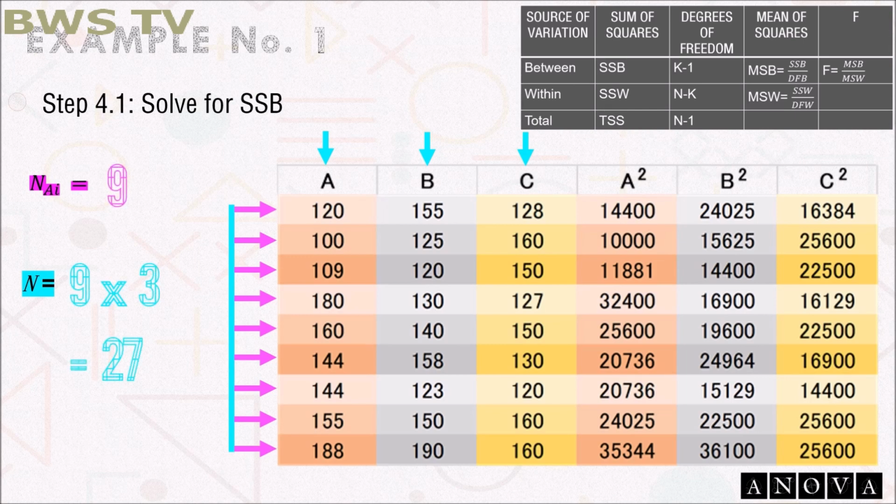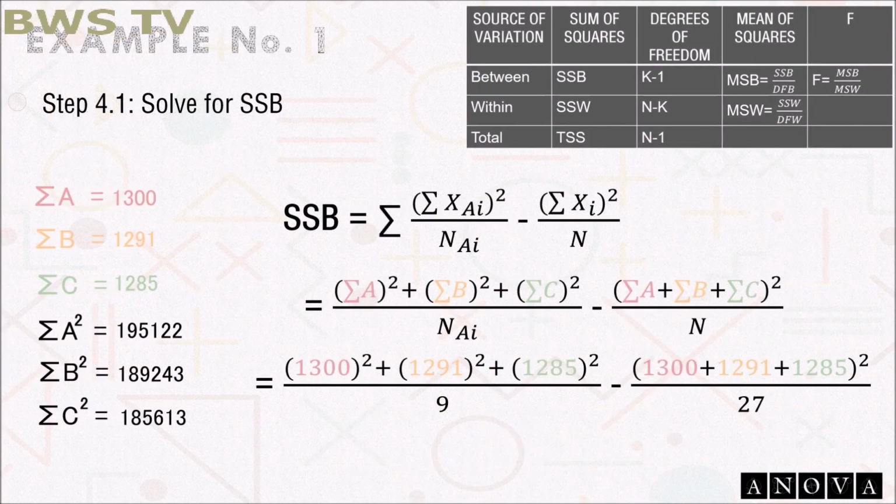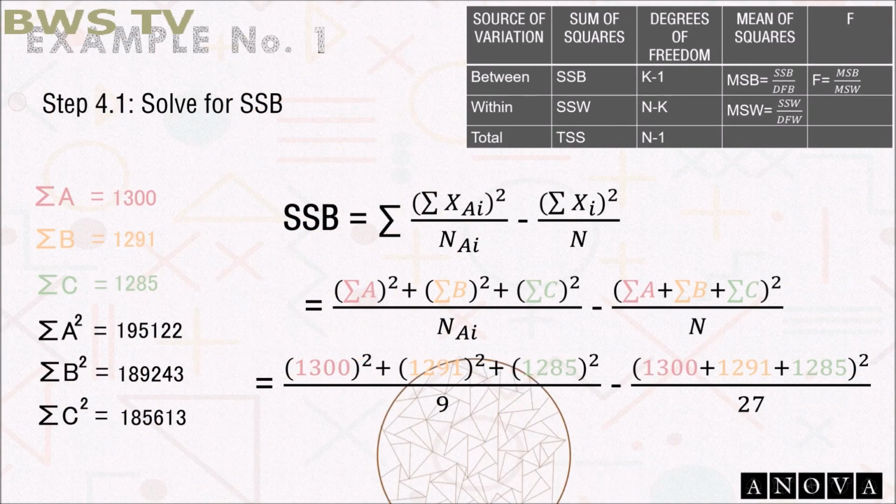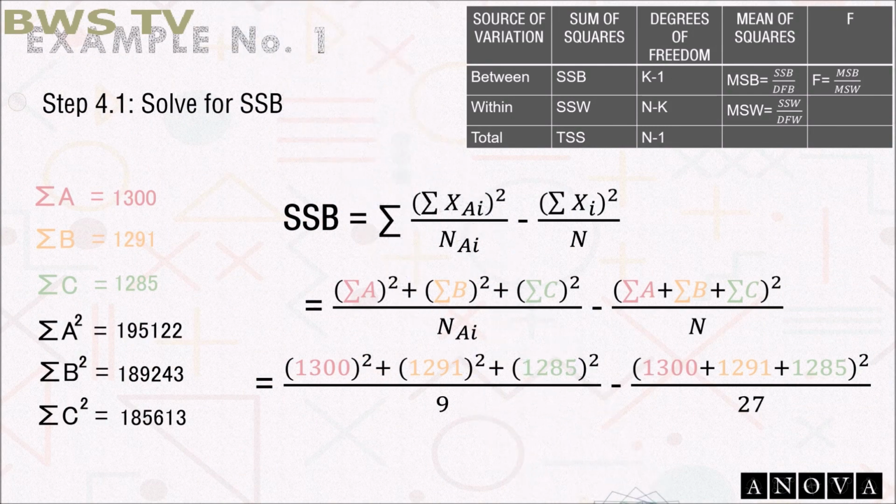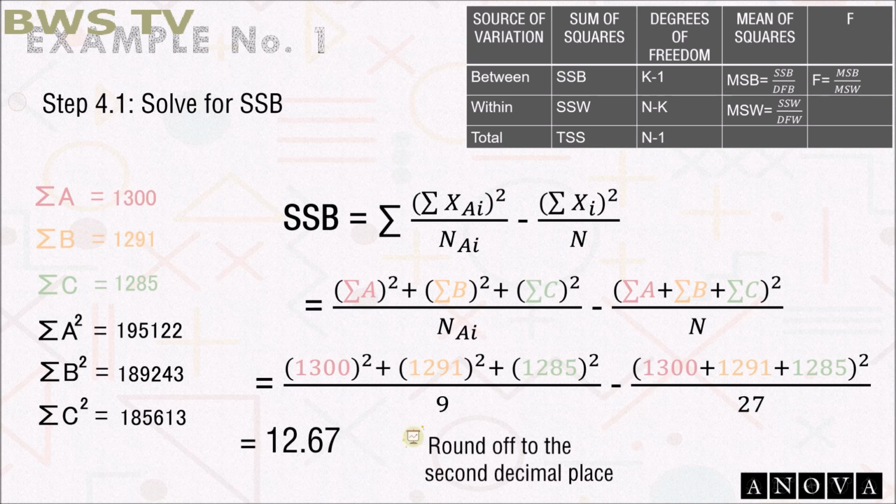So we have n sub ai equal to 9, while n, the number of rows multiplied by the given number of columns, is 9 multiplied by 3, which equals 27. After substituting, get a calculator and input it. Your answer will then be 12.67, rounded off to the second decimal place.